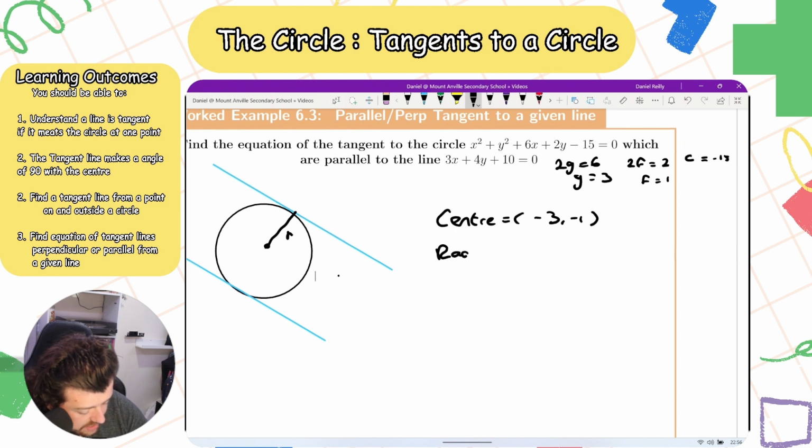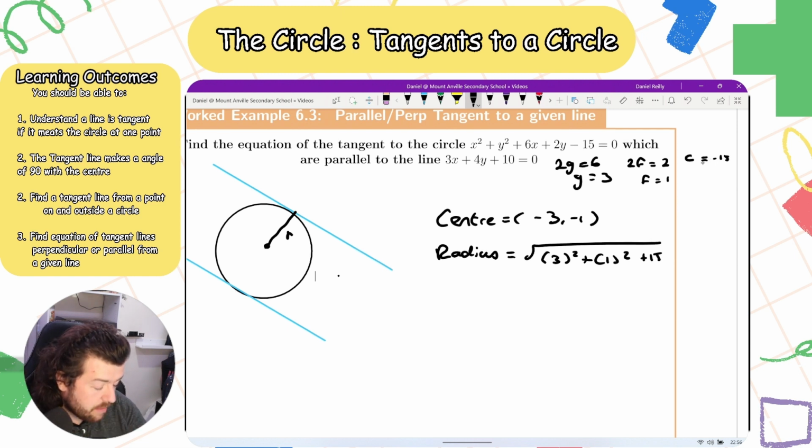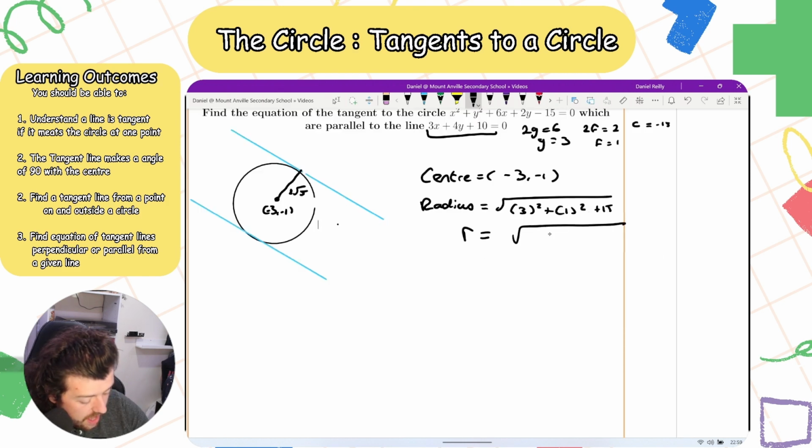And my radius is equal to the square root of g squared plus f squared minus c, which is minus negative 15, which is plus 15, so root 25, which is equal to 5. So my radius is equal to 5.